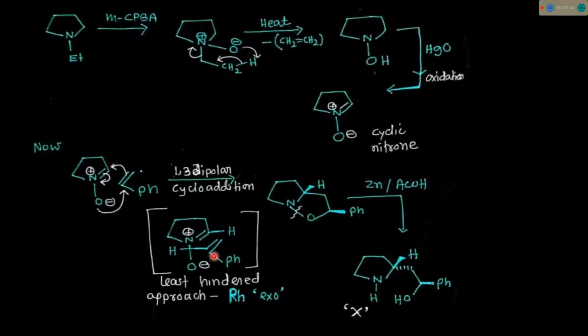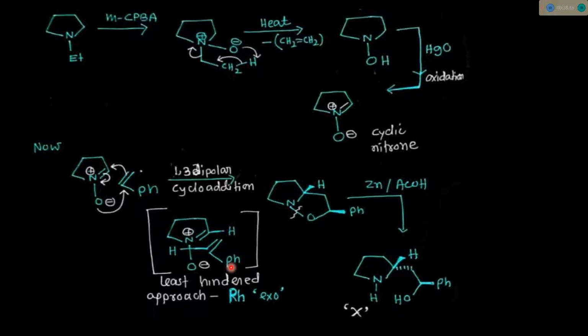This Ph and this ring hydrogen are on the same side. Again for this styrene, this hydrogen is on the left side, this Ph is on the right side. So after the cyclization reaction, the stereochemistry of this hydrogen and this Ph should be the same, that is above the plane.